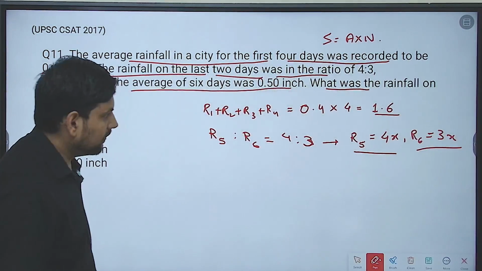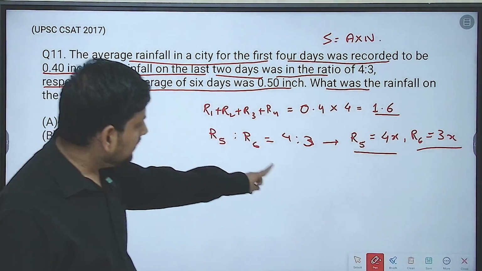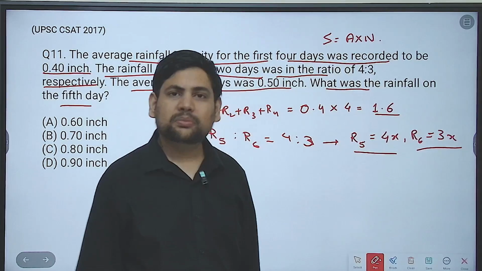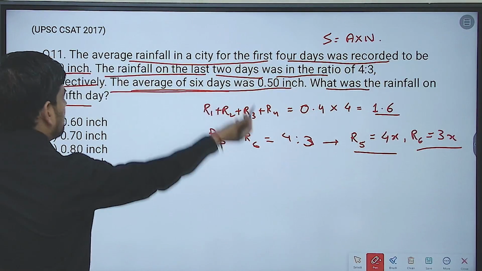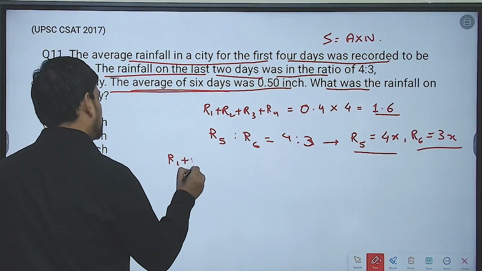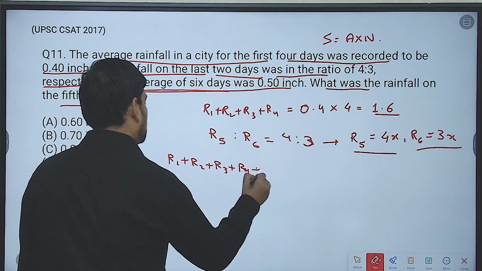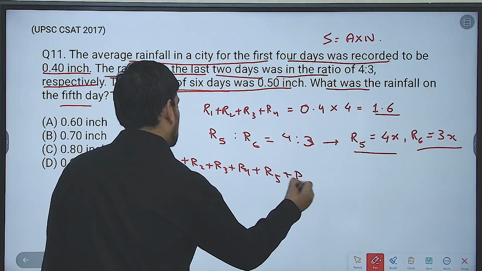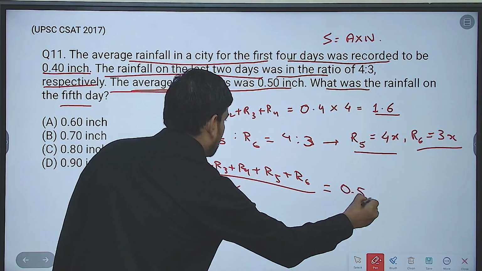Now you have the sum from R1 to R4 and you have R5 and R6 also. Maybe in terms of variable, it does not matter. Now it was given the average of the 6 days was 0.5 inch. That means R1 plus R2 plus R3 plus R4 plus R5 plus R6, divided by 6, is equal to 0.5.